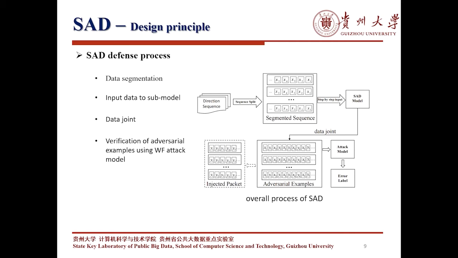There are several key points in this process: data segmentation, inputting data to the submodel, data joint, and verification of adversarial examples using the website fingerprinting attack model. Overall, we generate adversarial examples in segments to simulate the unpredictable traffic pattern in the real scene.